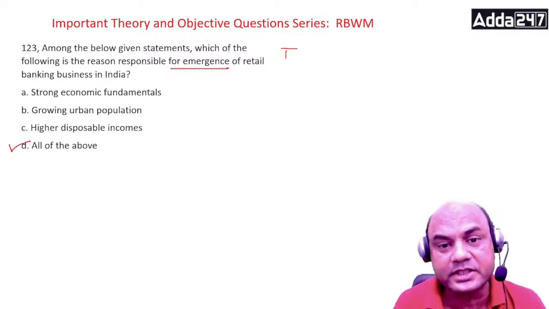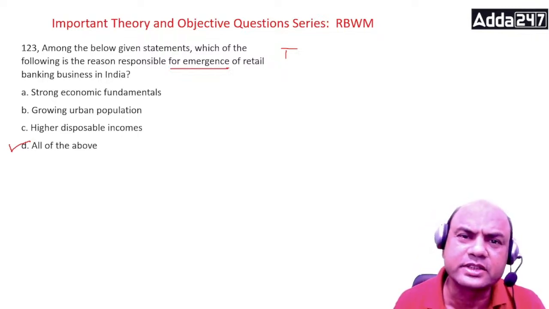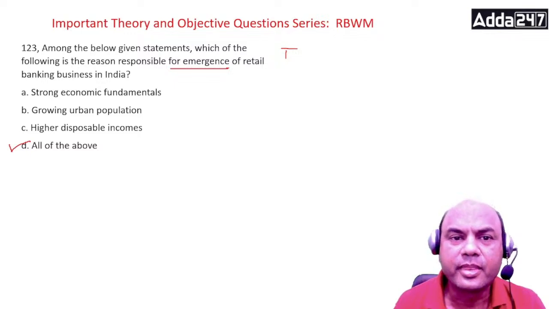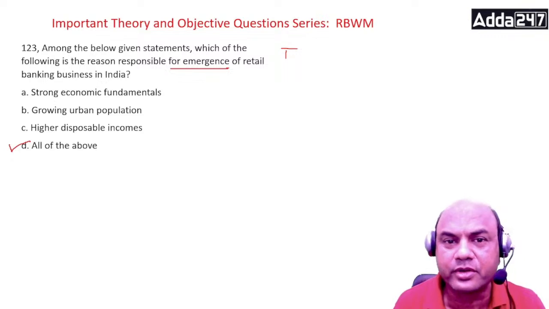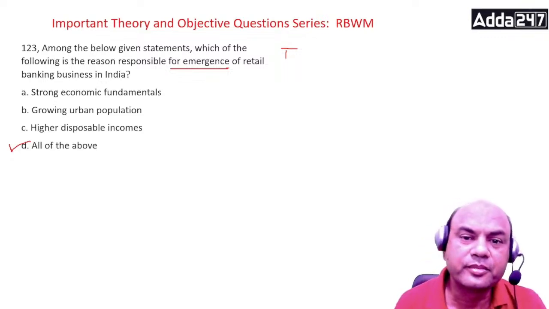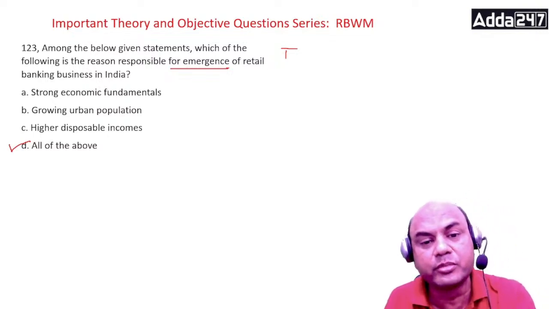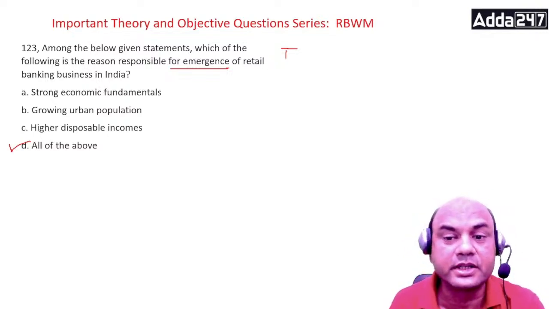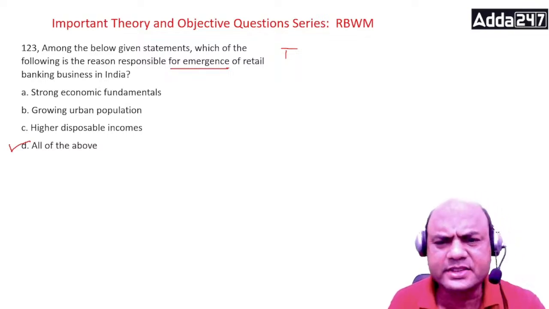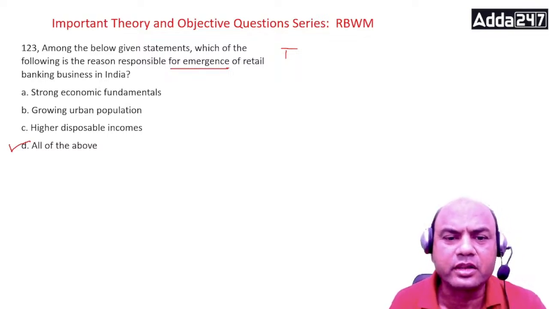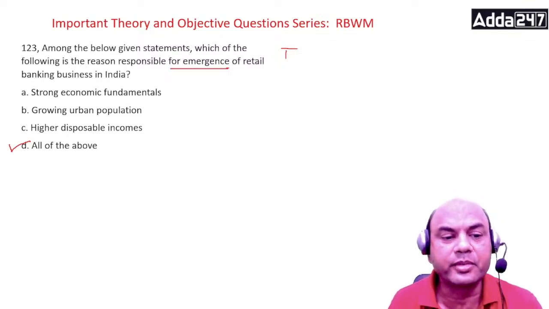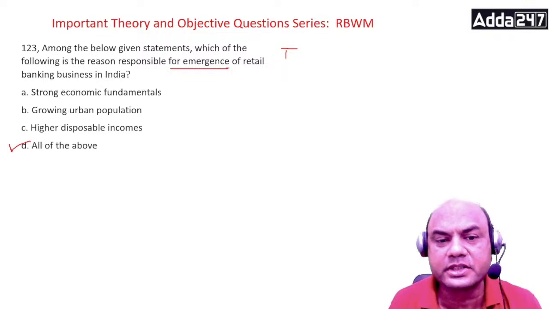Even today in villages, the Saukari system is there, even in cities it's there. So the Jan Dhan account system, the Mudra loan, everything, those were truly game changing. They have almost removed the Saukari system, and they are still to grow. They still will be growing a lot. So coming back, all of the above is the answer for the emergence of retail banking.